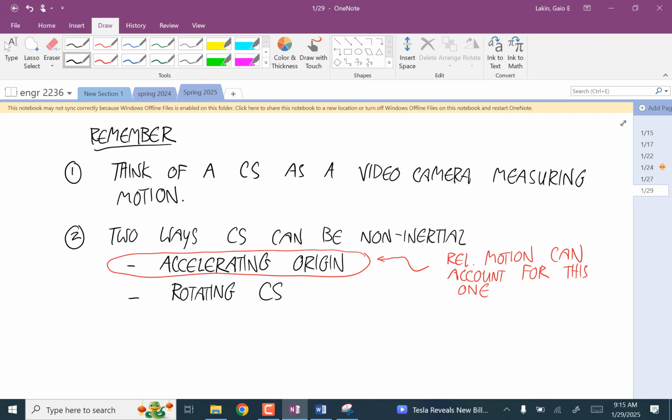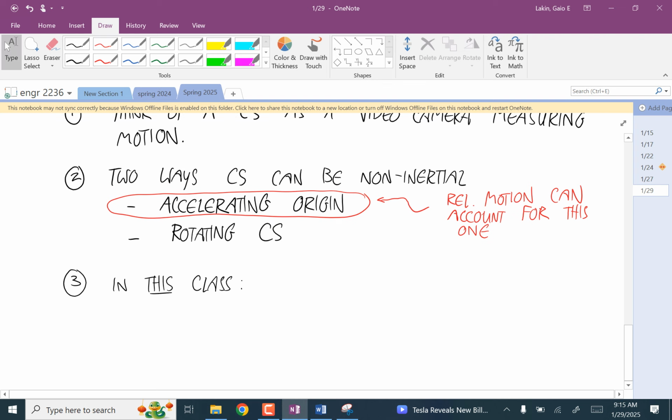And then the third thing is, this isn't always true generally, but in this class, any two coordinate systems are instantaneously aligned.